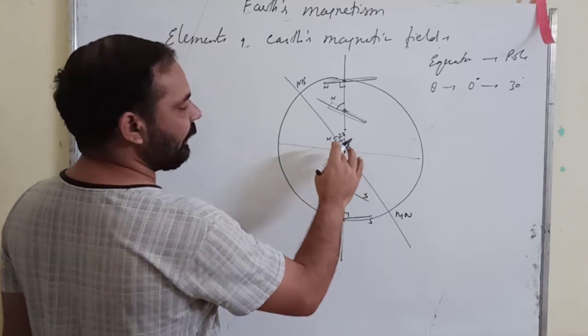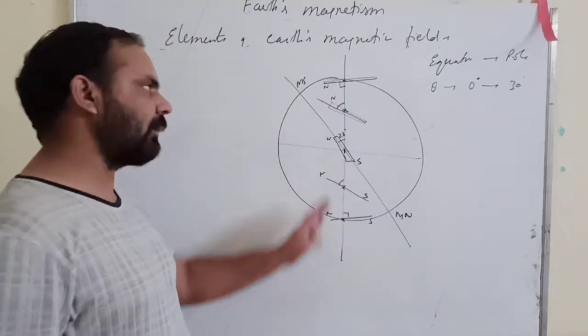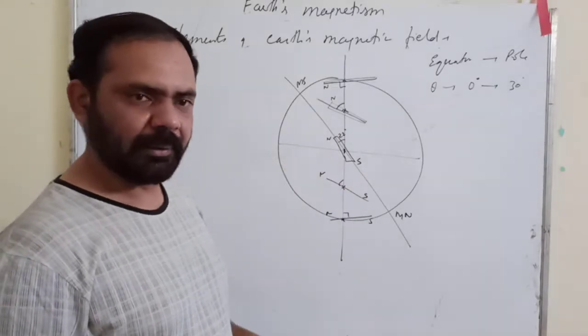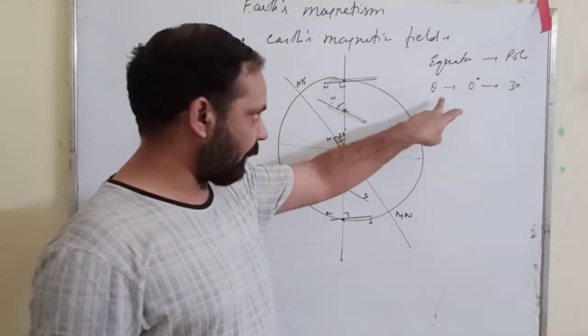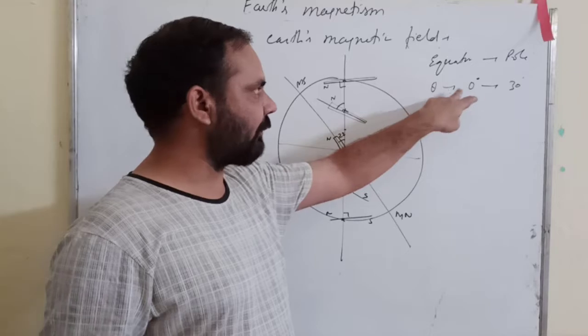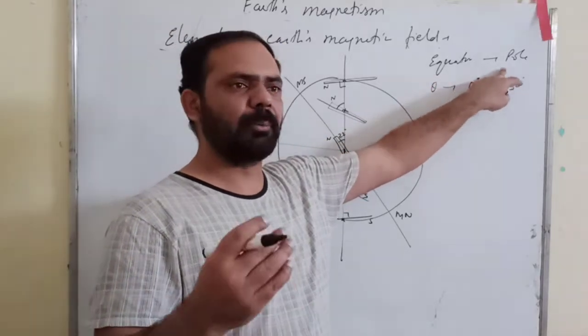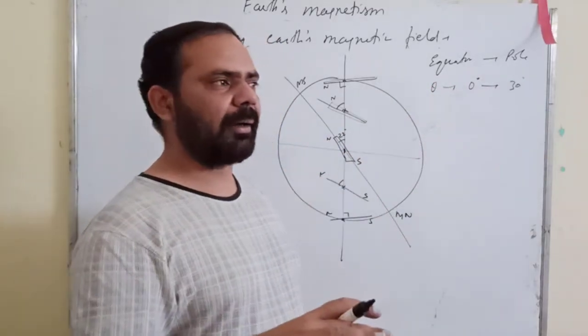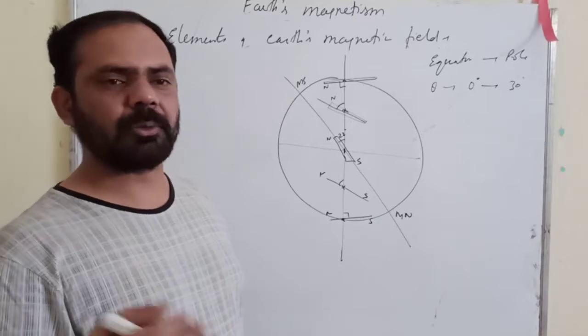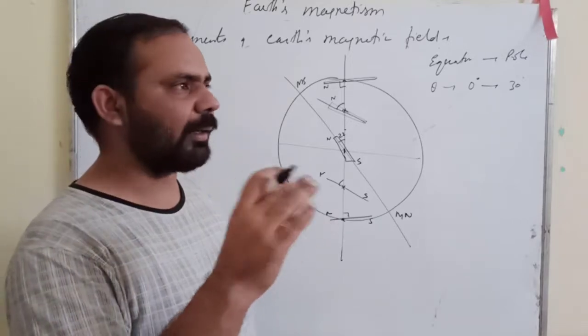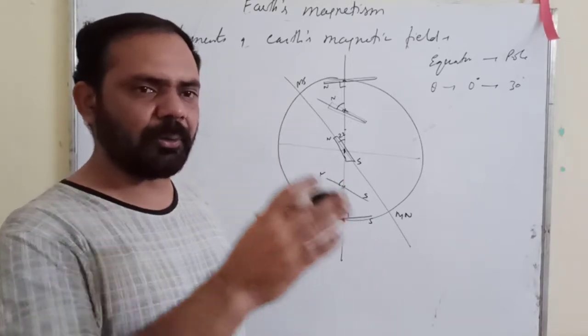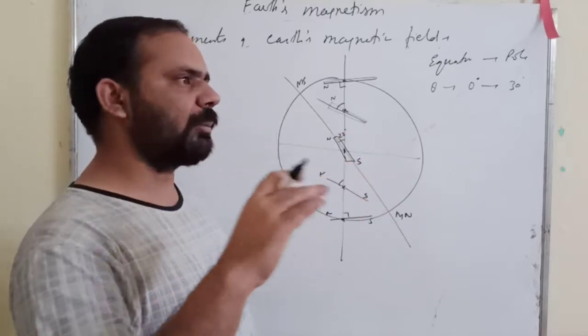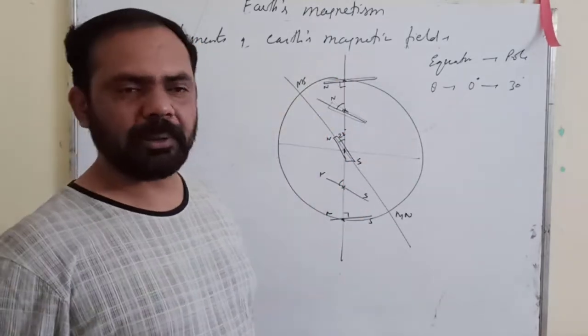So what you will feel here is that the magnet is aligned along the magnetic meridian only, right? That means at the equator the value of theta is 0, and when a person moves towards the pole, the angle of declination increases to 90 degrees. So the angle of declination changes from 0 to 90 degrees as the person moves from equator to the pole.